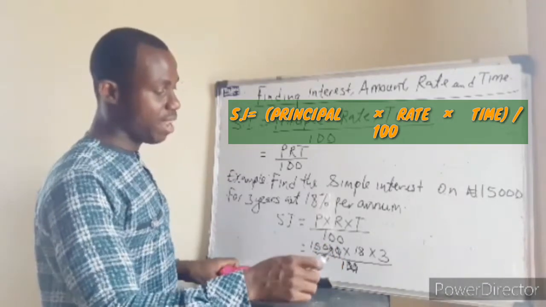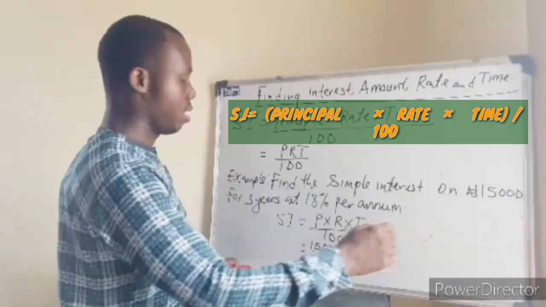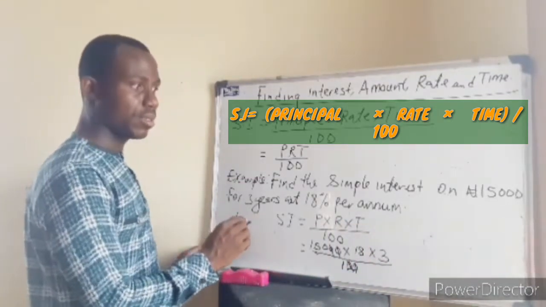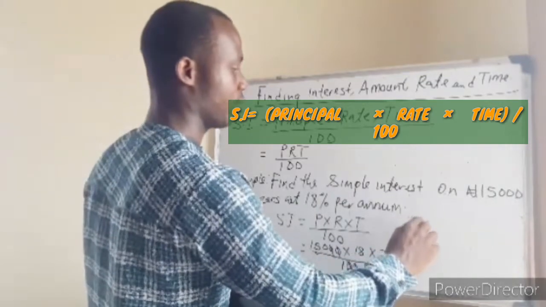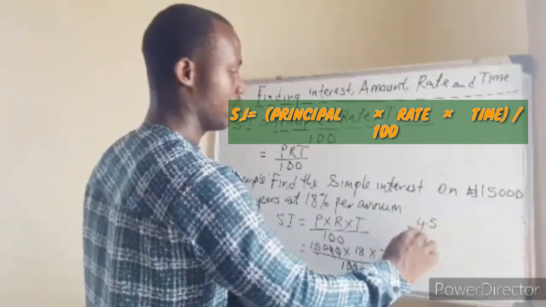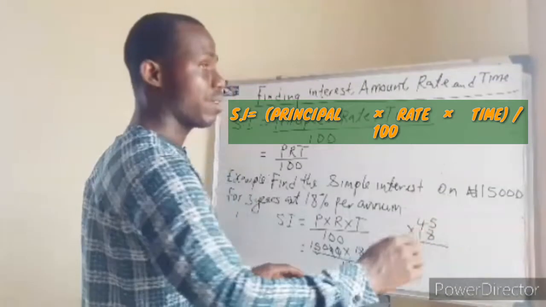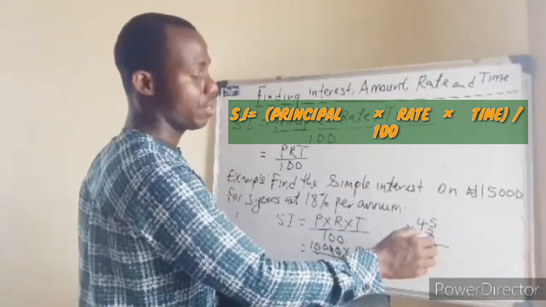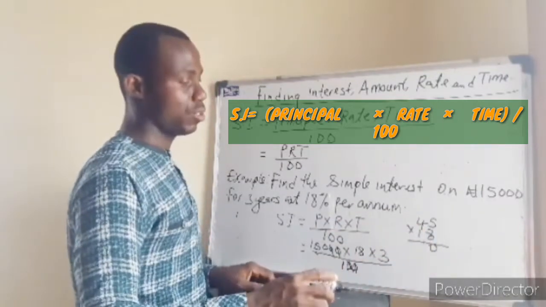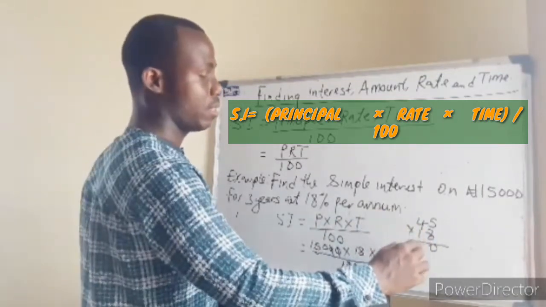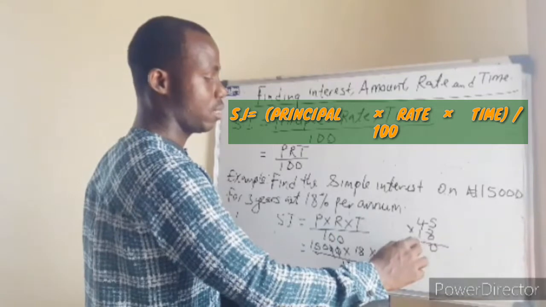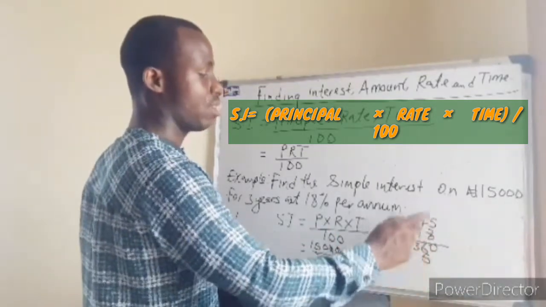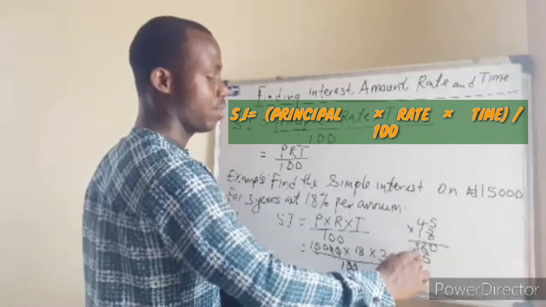Then 45 times 18. 8 times 5 is 40, 0 carry 4. 8 times 4 is 32 plus 4, 36. 1 times 5 is 5. 1 times 4 is 4.